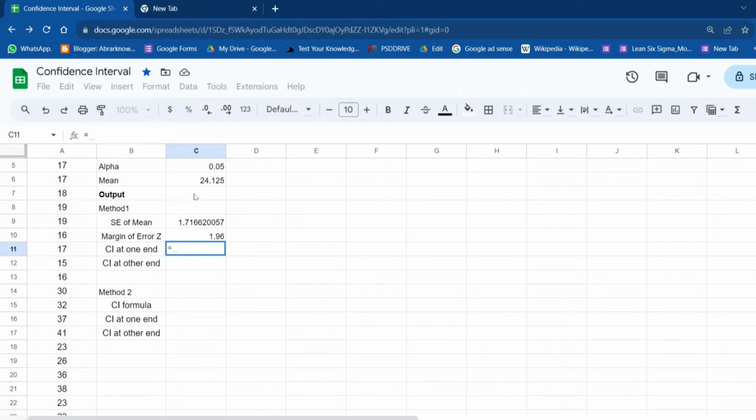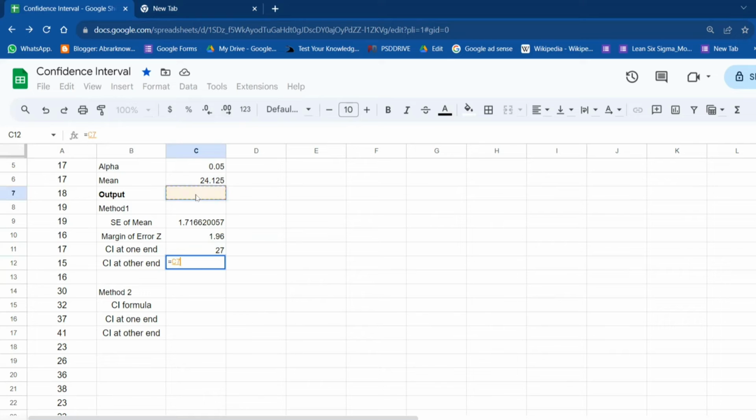Equal to mean, plus this value z times standard error of mean. Okay, that means 27. Similarly, maybe I'll make it no decimal. Similarly you can find the same thing.